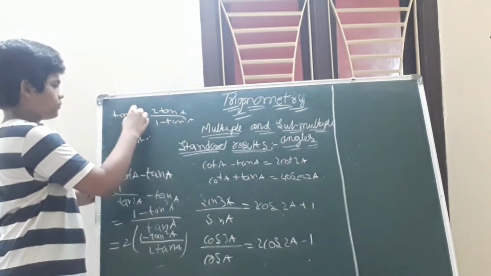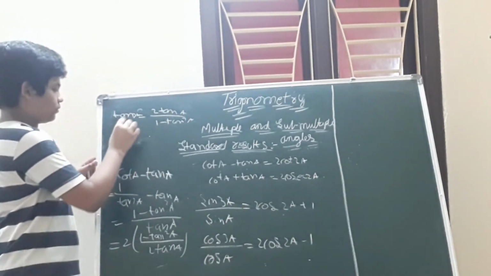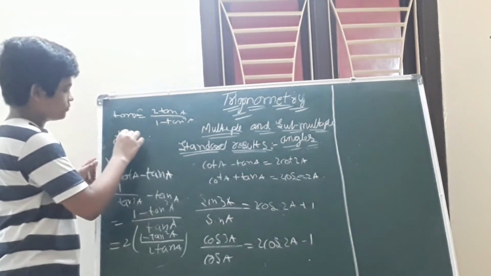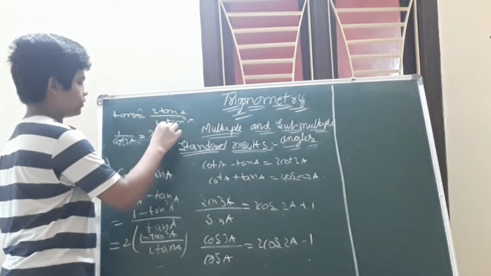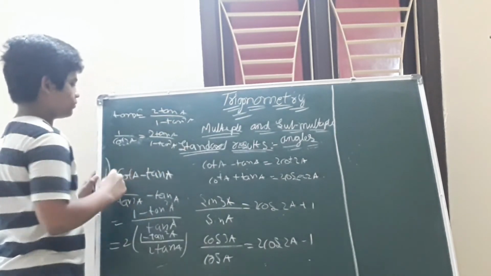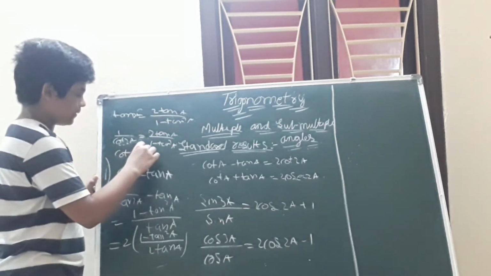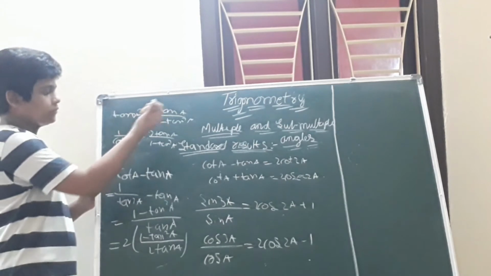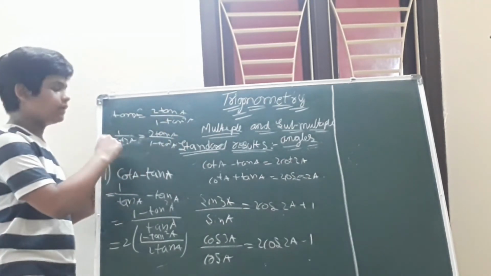So let us write 1 by cot 2A in the place of tan 2A. So it becomes 2 tan A by 1 minus tan square A. Now let us take cot 2A to the right hand side and 2 tan A by 1 minus tan square A to the left hand side.